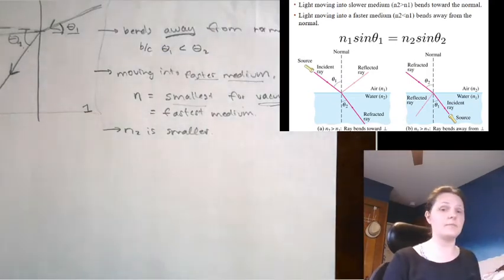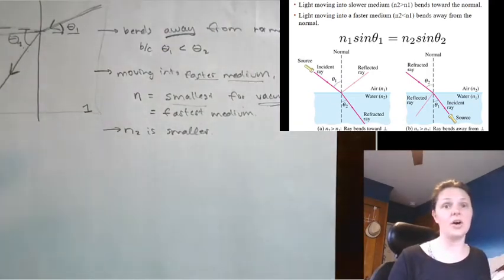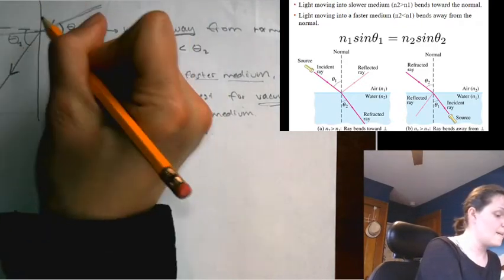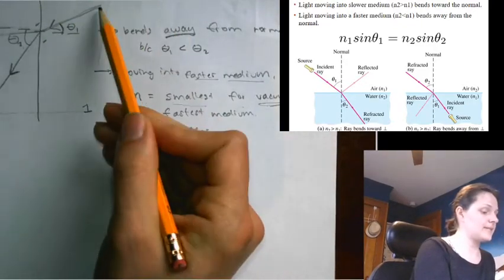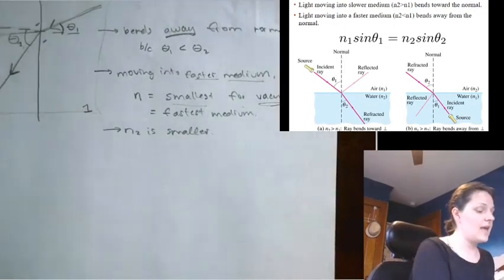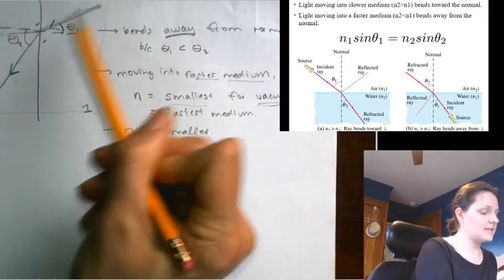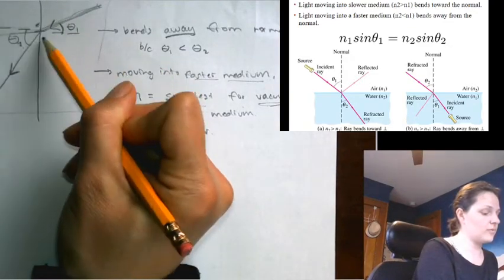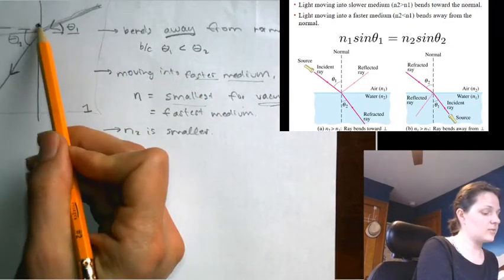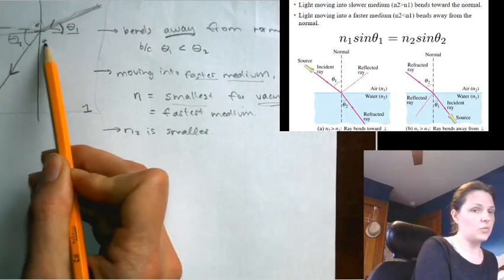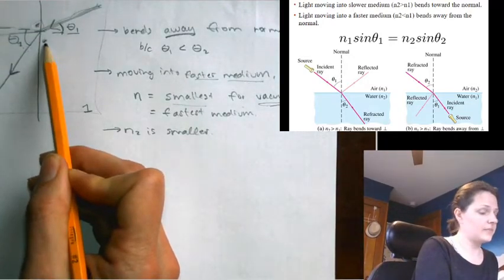An easier way for me is that lawnmower example that I gave in the lecture slides, which is that I imagine pushing a lawnmower from this medium to this medium. At this spot here, think about these being the two front wheels of my lawnmower, where this wheel is in one medium, and this wheel right here is in another medium.